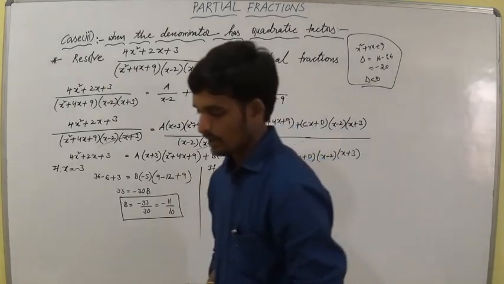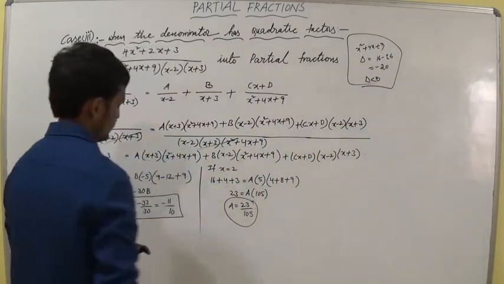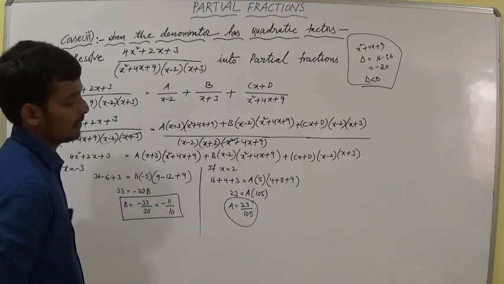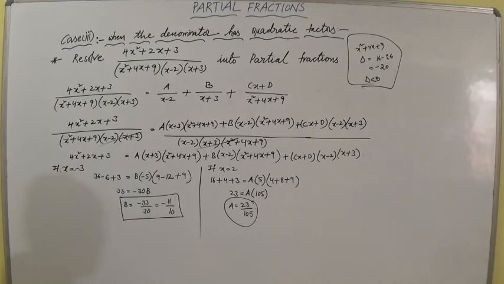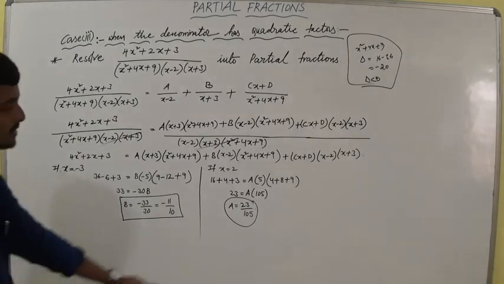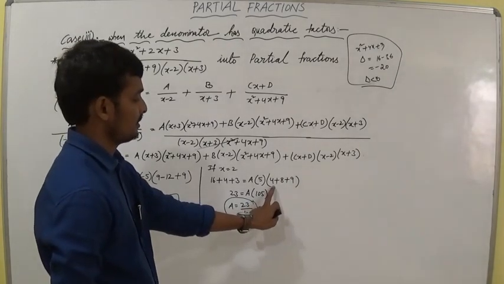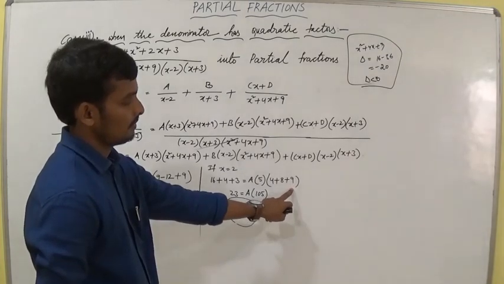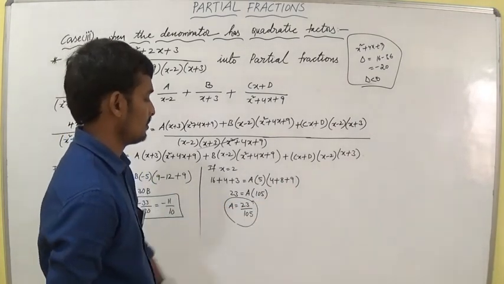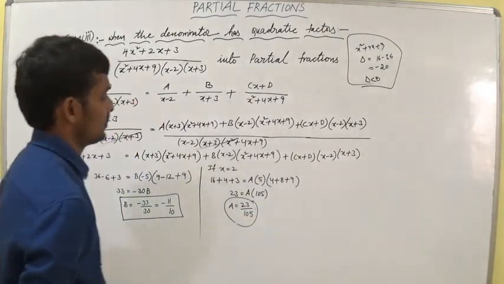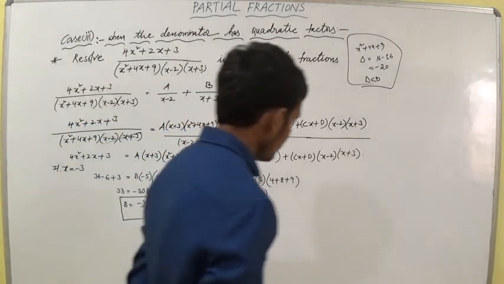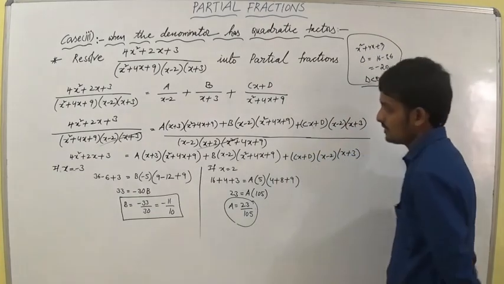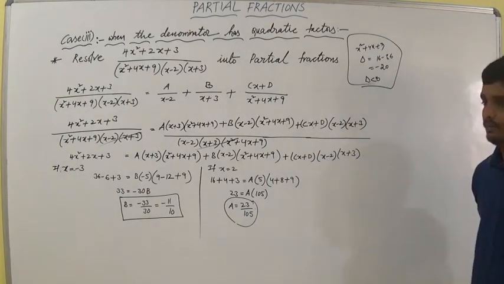See, we are discussing this problem in this method because the A value is 23 by 105, B value is minus 11 by 10. Is this 105 correct? 21 by 105, correct. Up to here, okay. Then we can solve the C value and D value.